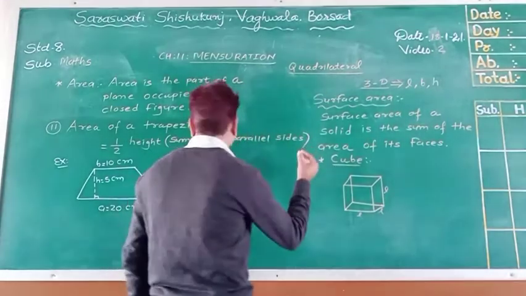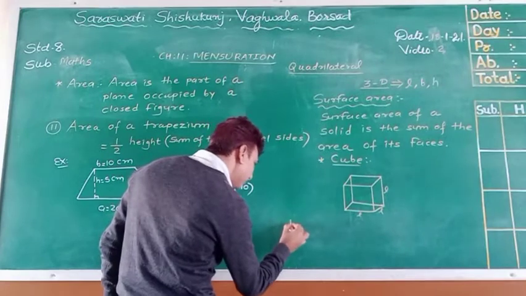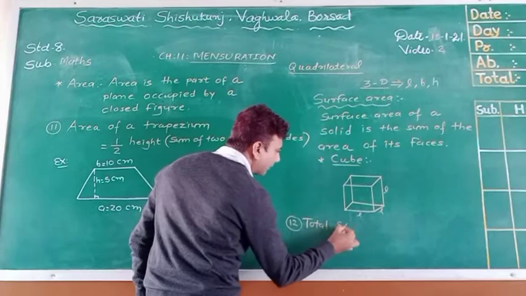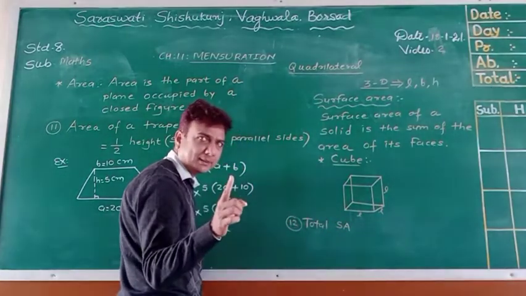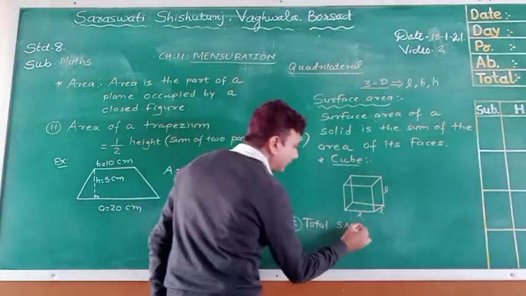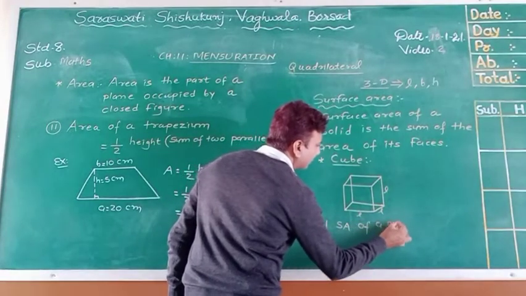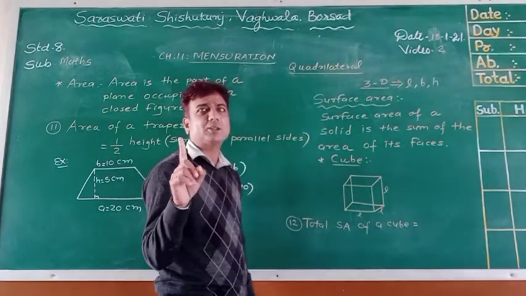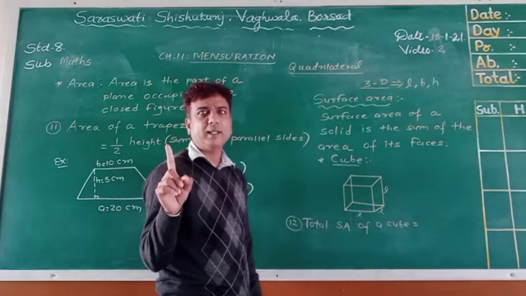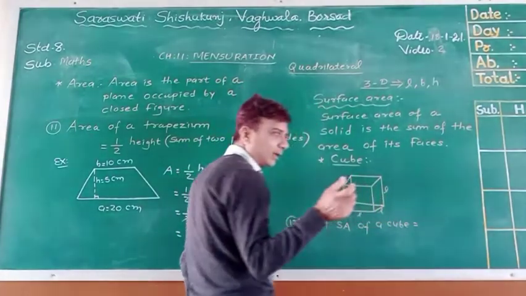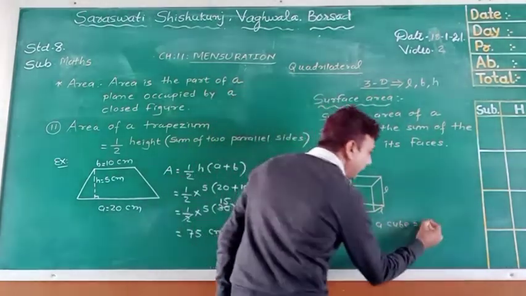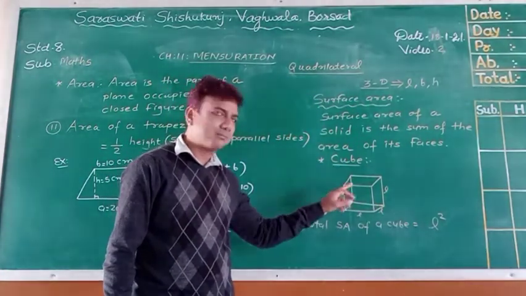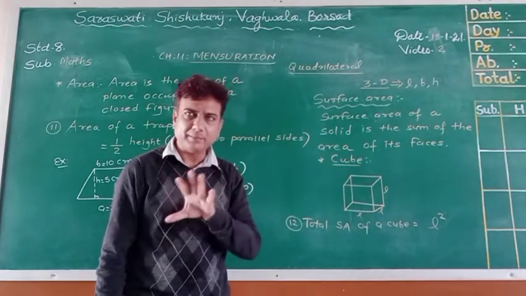Number 12. Total surface area, SA means surface area. Total surface area of a cube equals, we only know the formula L squared. Area of a square means side into side, L squared.